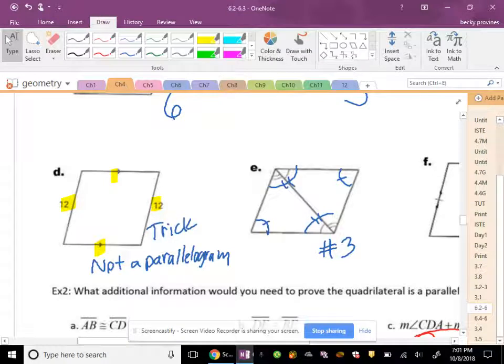Okay, so letter E is also a tricky one. So here's the situation. This one you need to pay close attention to. We know these angles, but we don't necessarily know these 2 green angles. Or do you? We had a rule a while ago called the third angle theorem.